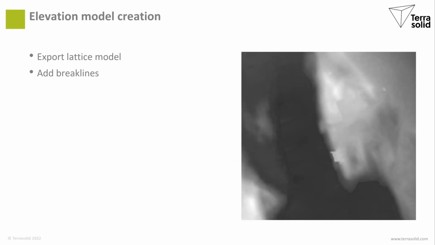About elevation model creation, in TerraScan it's called Lattice model export. The tool creates a gridded file with the values of elevation, and additionally TerraModeler can add also breaklines to the model to have even more precise data.